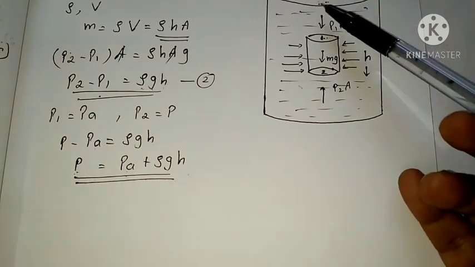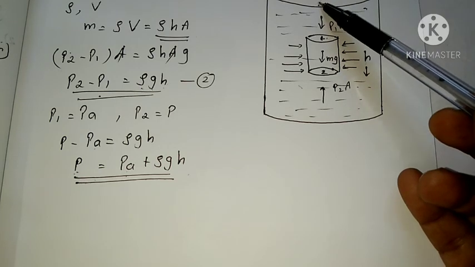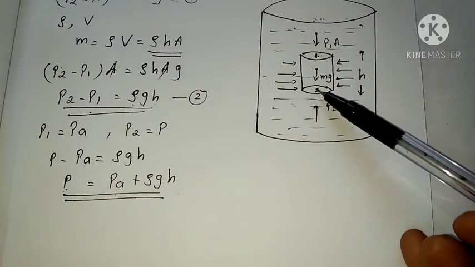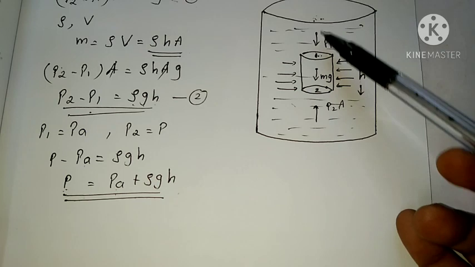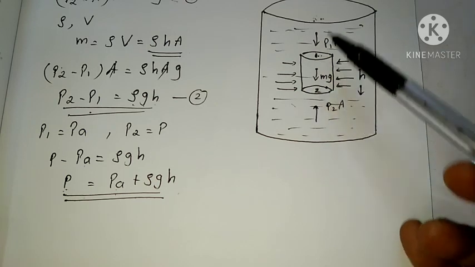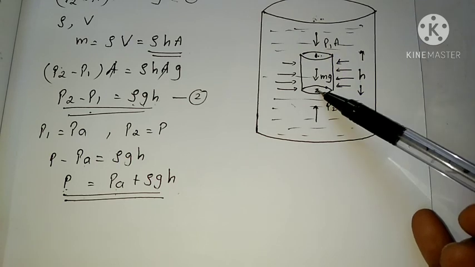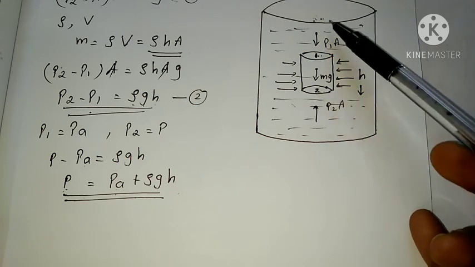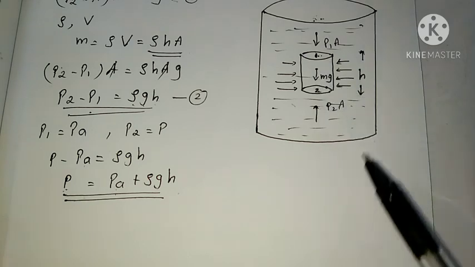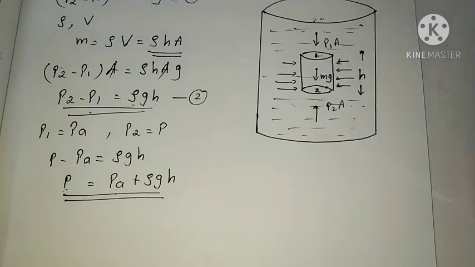That is the pressure difference between the top of the fluid and the depth, that is at a distance h below the surface of the fluid. So this pressure difference, P minus PA, is the excess pressure and it is known as the gauge pressure at that point. So in this way we can find out the pressure at depth.